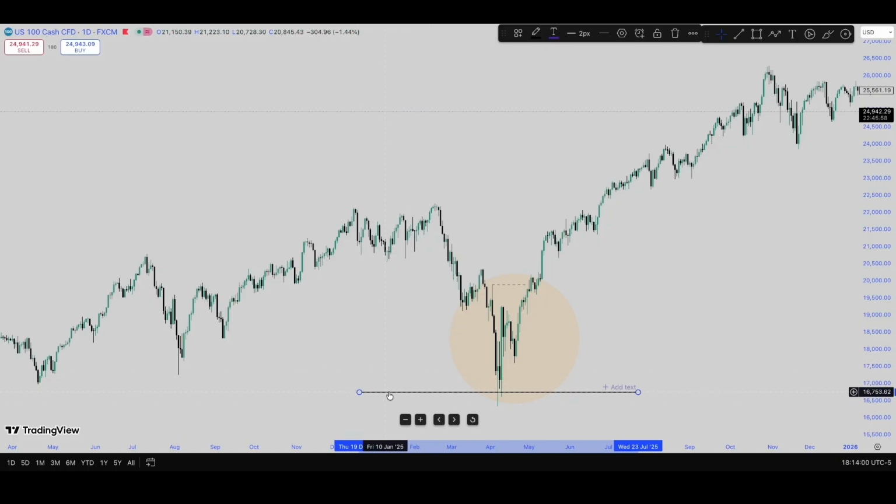Now, I just drew this randomly. But right here, this is actually an important level that price has hit before reversing. You know what I'm saying? So before price reverses, it's going to hit an important level. There's always a reason for why price does certain things.